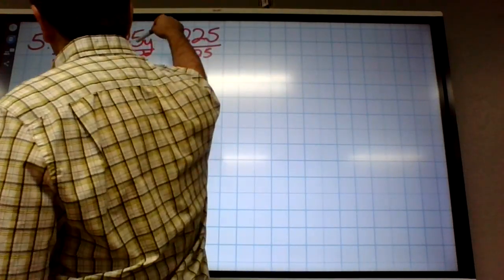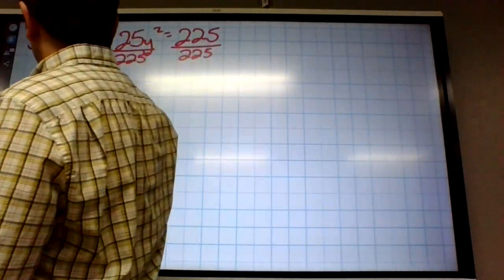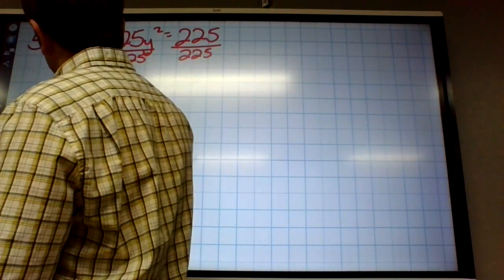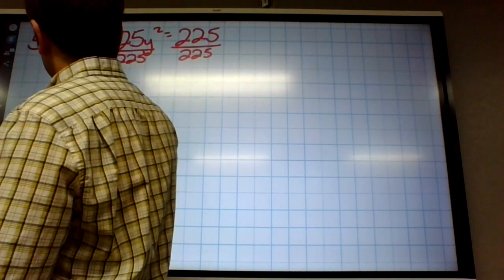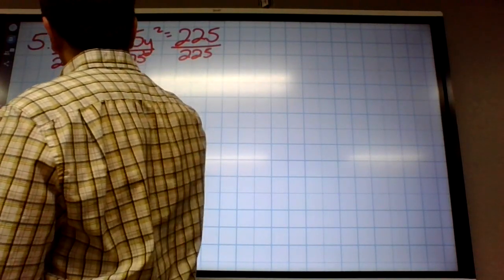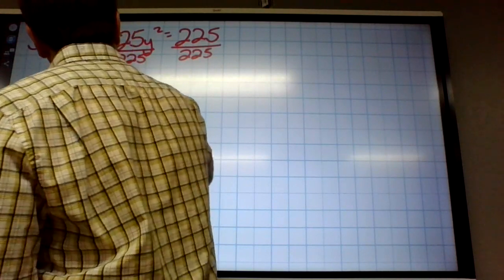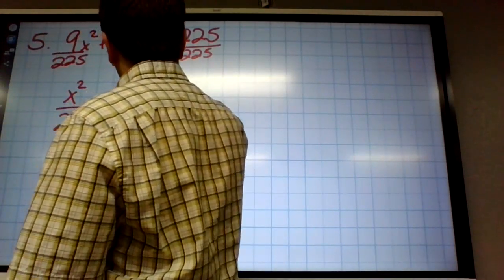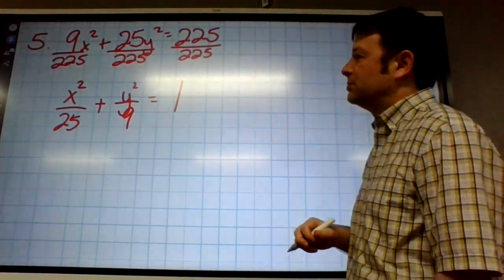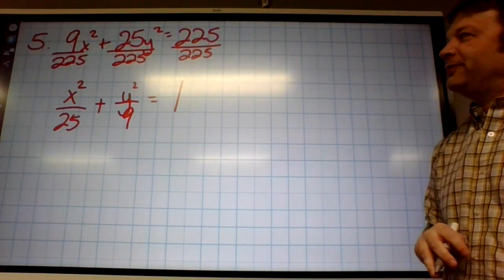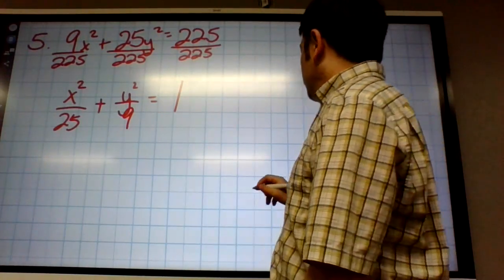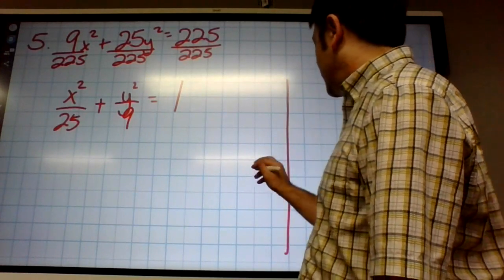Okay, all of these are going to reduce. 9 over 225, let's see, what is that, 25. 25 over 225 reduces to 9. This is 1. So after we divide by 225, it comes out nice and neat. How convenient. So, where's it going to hit the x-axis?